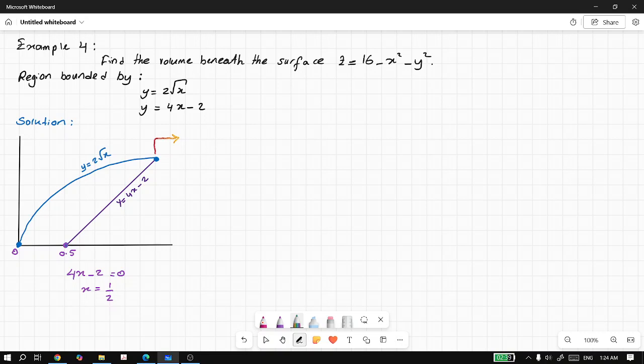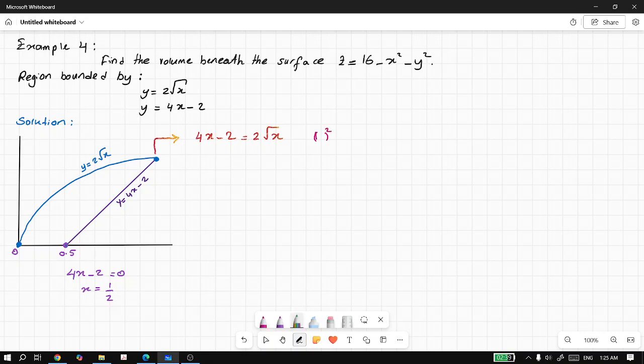As you have studied previously, we can find the intersection point of two functions when we equalize them to each other. So we simply say 4x minus 2 is equal to 2 square root of x. Why do we do that? To find their intersection point, which is this point that we want to find. To find this x, I'm squaring both of the sides.